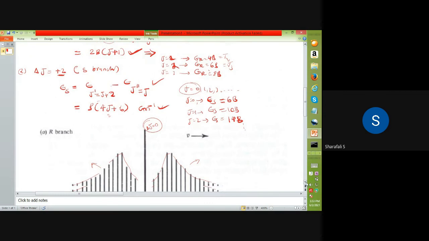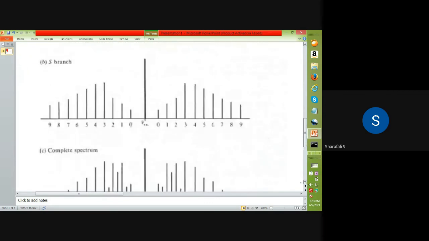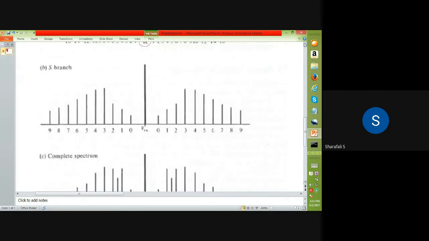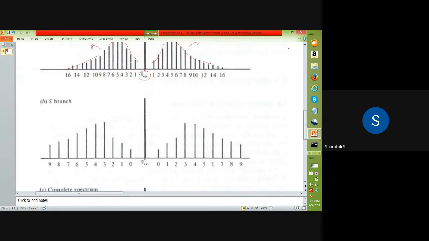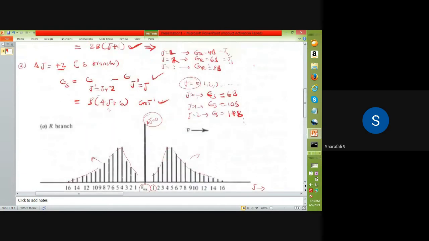So that will give me a spectrum which can look like this. These are the j values. Remember, this side is j values, and here also it is j value. Remember that here j will start with 0, and we'll have this kind of spectral distribution. Remember one more thing.